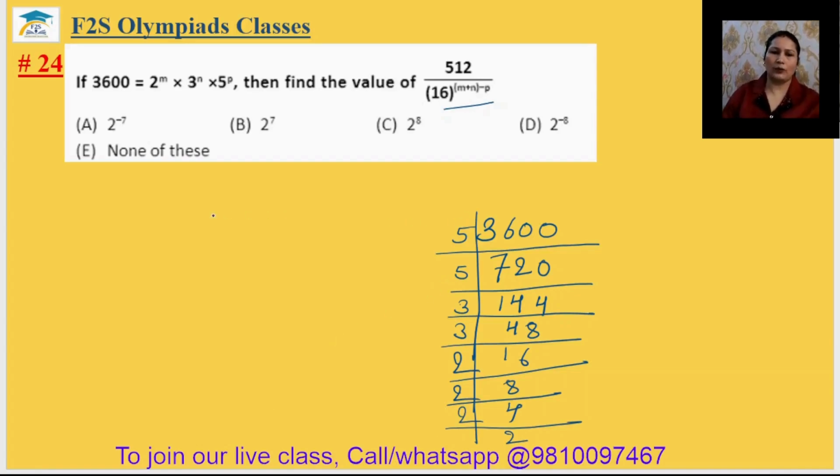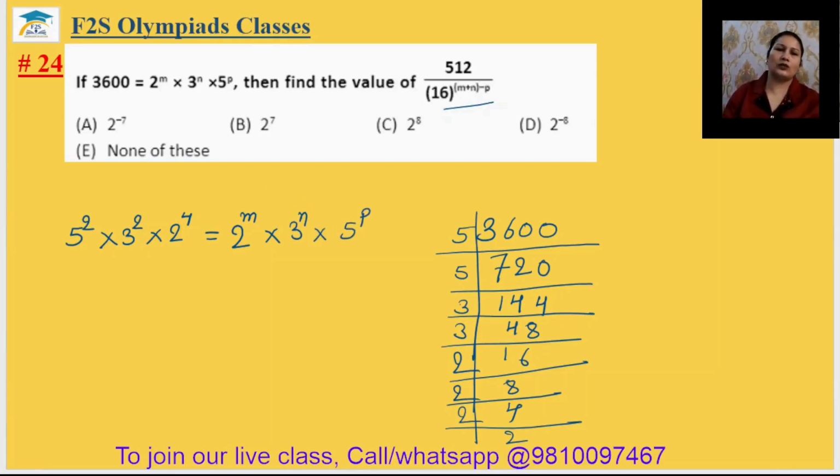Okay. So we can write 3600 as 5 to the power 2 multiplied by 3 to the power 2 multiplied by 2 to the power 4, equal to 2 to the power m multiplied by 3 to the power n multiplied by 5 to the power p.